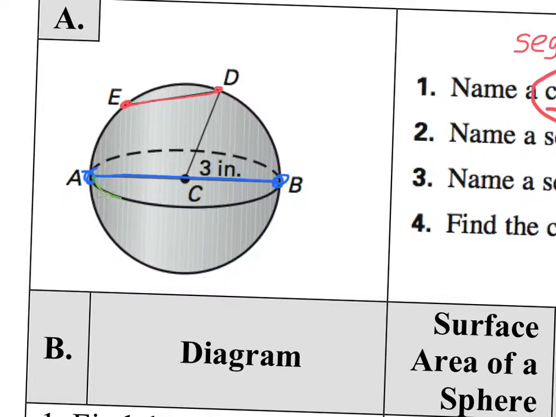In this case, this is a great circle here. Notice that if I tried to put a rubber band around this section here, it would pop off. So it would have to be the place where it rests. And notice that the center is going to be right there. So the center of the great circle is the same as the center of the sphere.